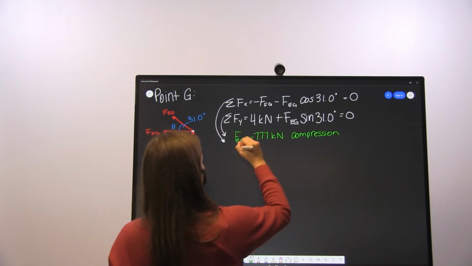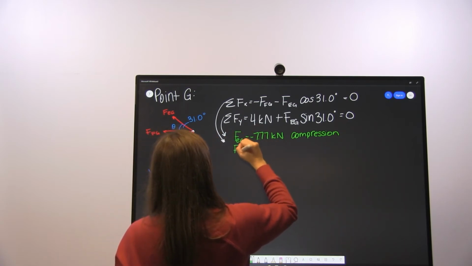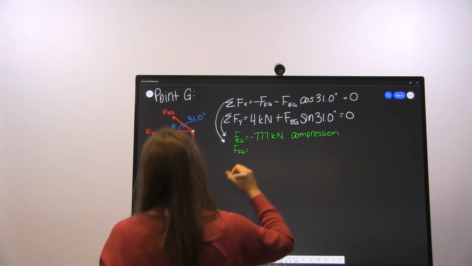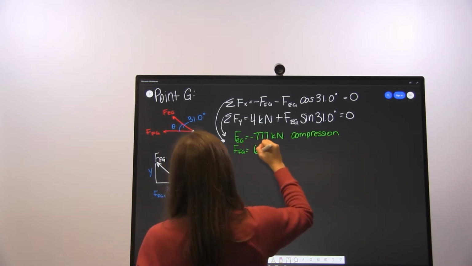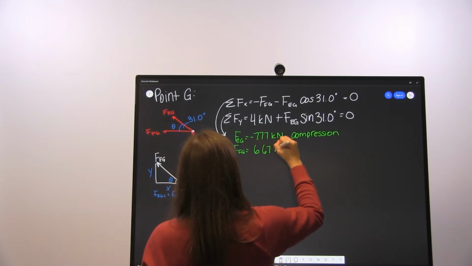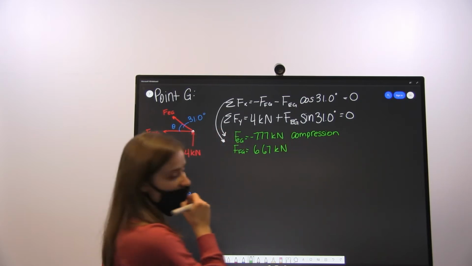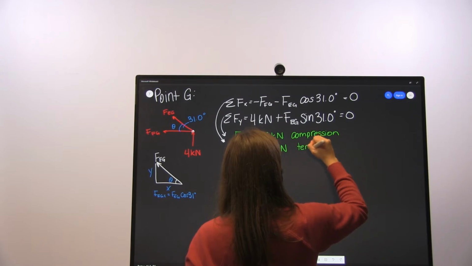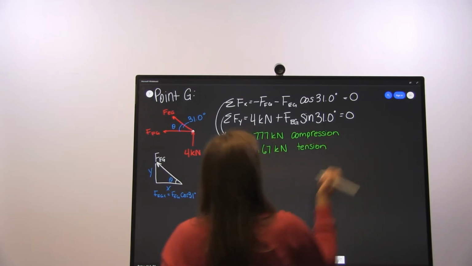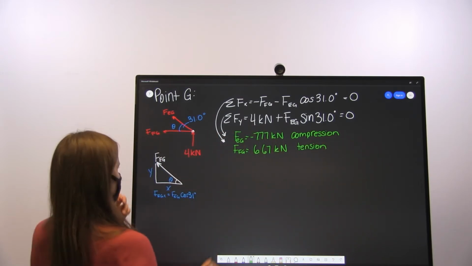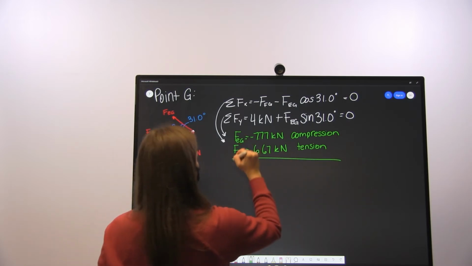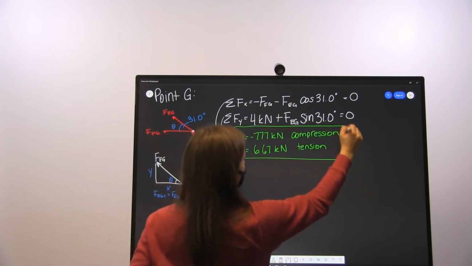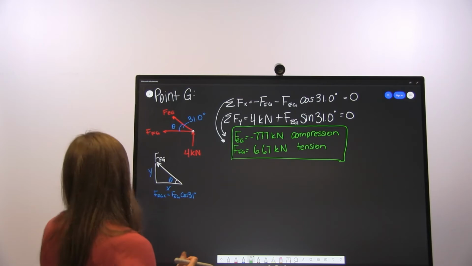And then we get our force of FG is equal to 6.67 kilonewtons. And this is positive, so this is tension. So these are our two forces that we solve to get using point G.